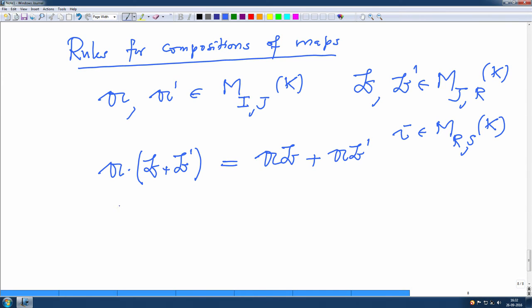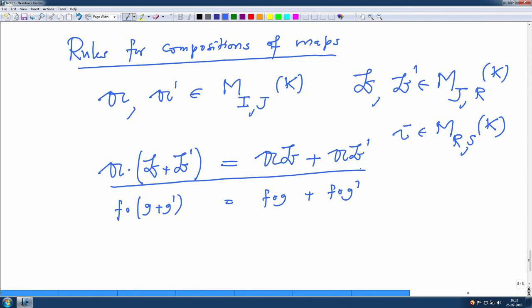So, this will correspond to what? F compose (G plus G prime) equals F compose G plus F compose G prime. This is very easy to check, but this is a little more difficult to check because matrix multiplication is not so natural.